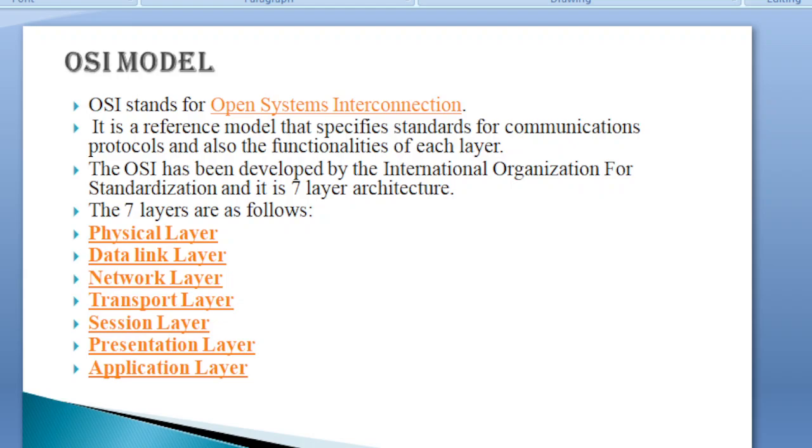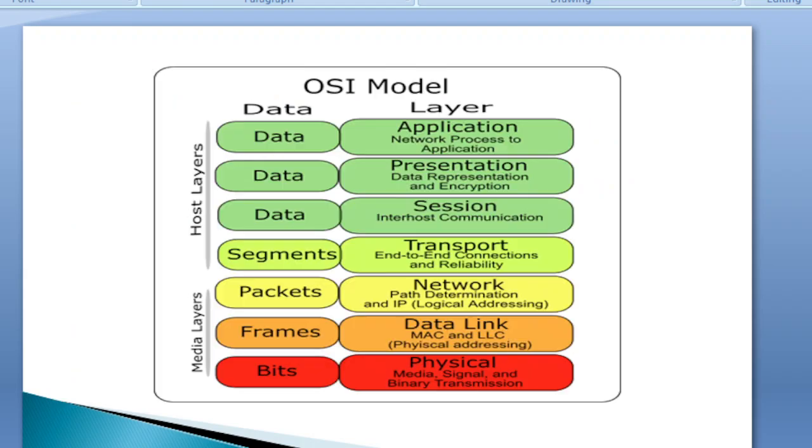Those are the physical layer, data link layer, network layer, transport layer, session layer, presentation layer, and application layer. This is the pictorial representation of the OSI model. In this, we can see the data units on the left side. The data unit means how the data is transmitted through these seven layers.